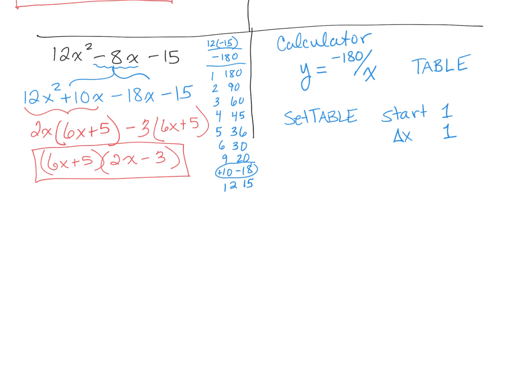So I would like to show you something on the next page that a lot of students have not seen before. I'm going to use the same 3 examples, and we're going to do this a different way.